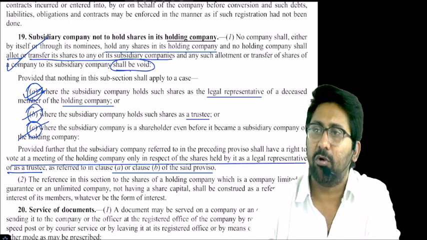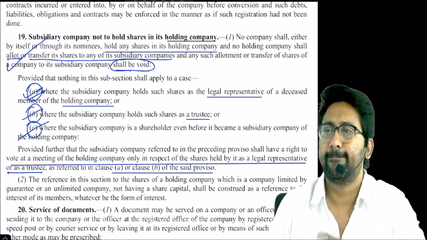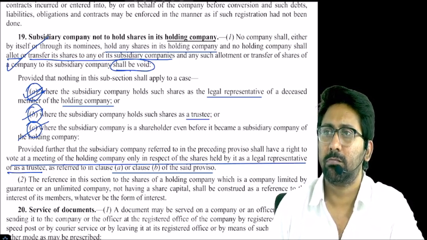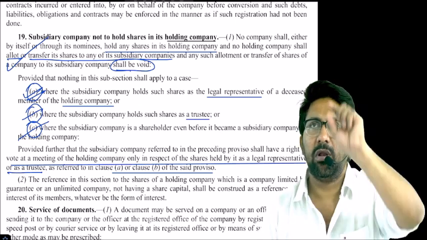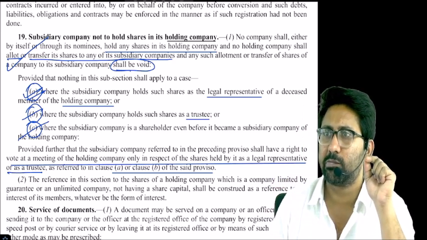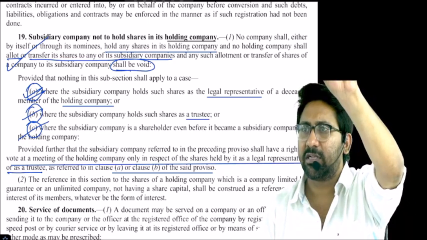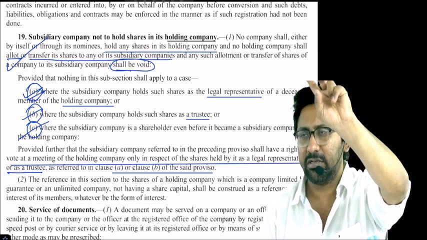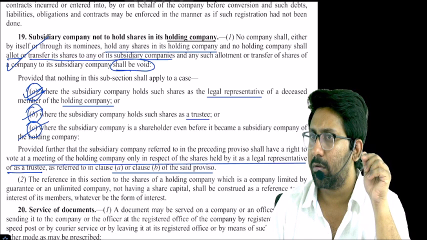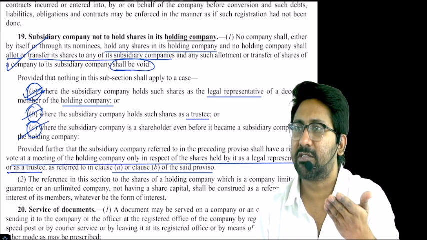I didn't understand. If company holds, one company has 2 subsidiaries. One second. X Limited has 2 subsidiaries. One subsidiary, Y Limited. Just now you said X Limited has 1 subsidiary. You are only telling X Limited has 2 subsidiaries.